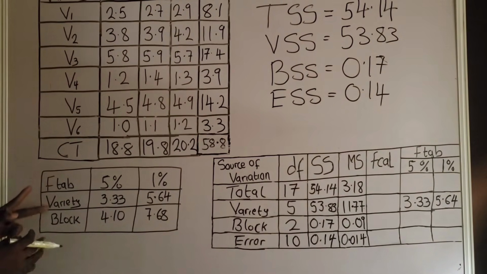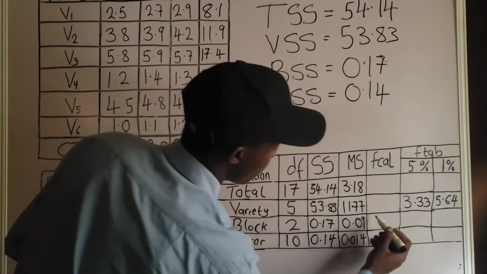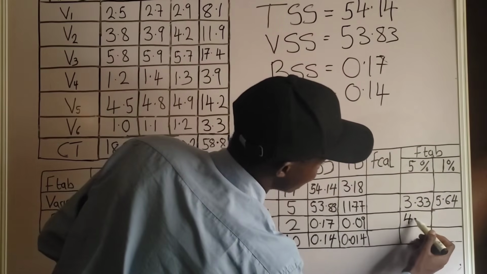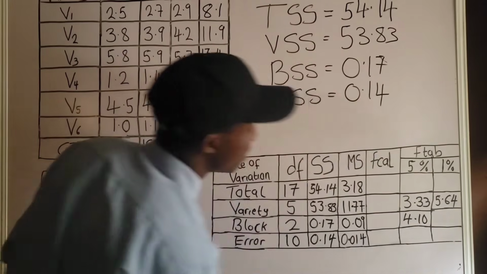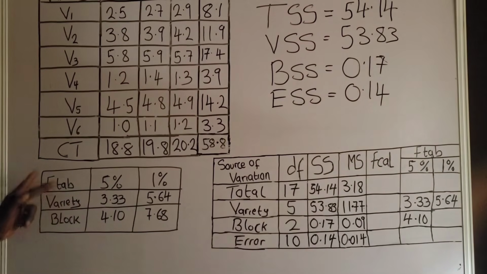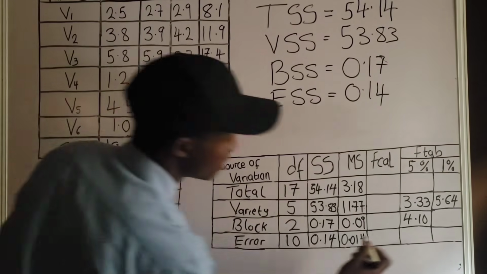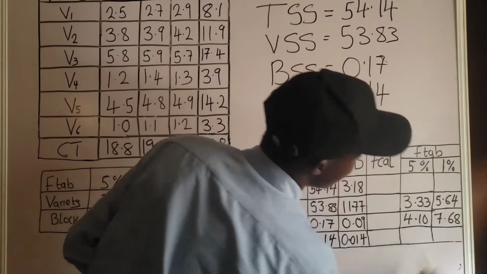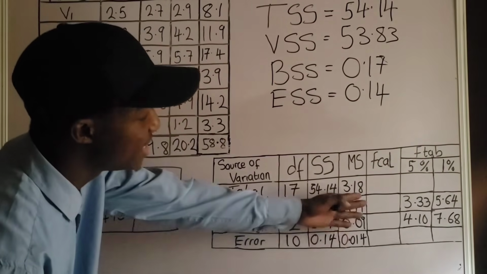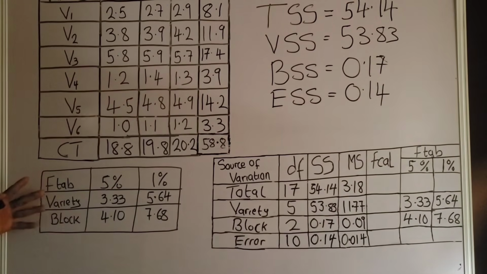And F tabulated of block at 5% is 4.10. And F tabulated of block at 1% is 7.68. So for this cell, I'm going to have 7.68.